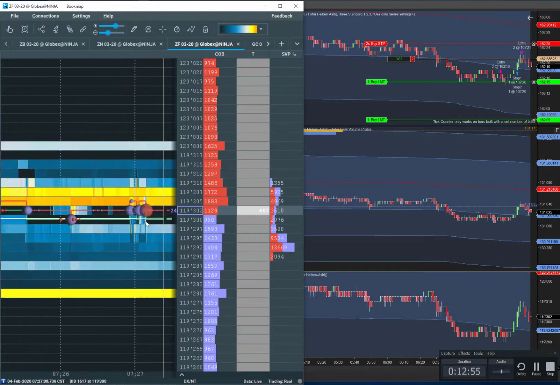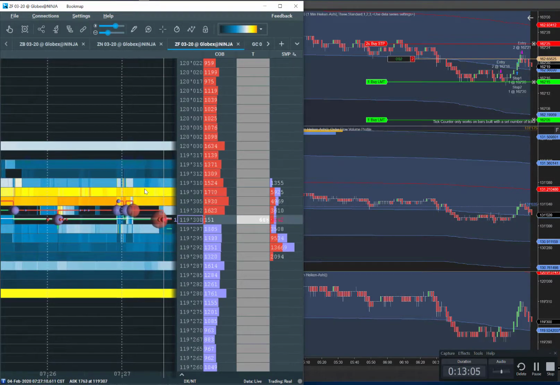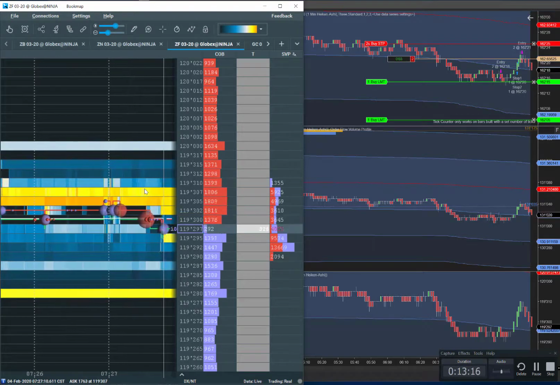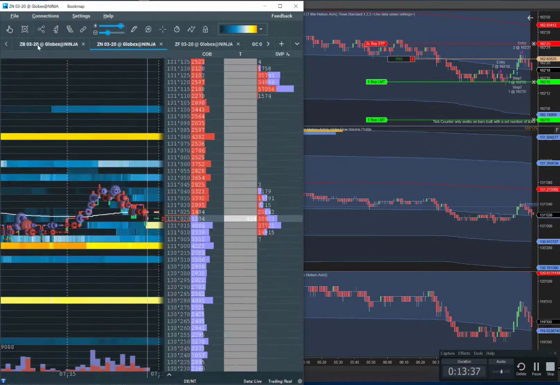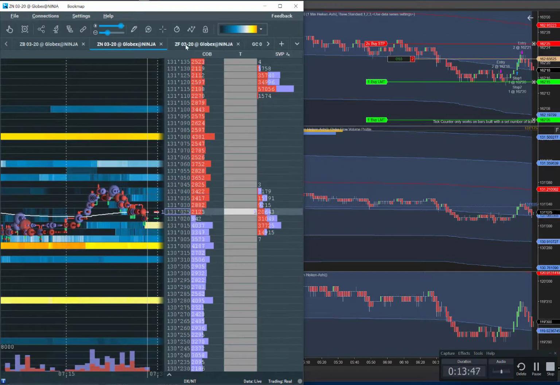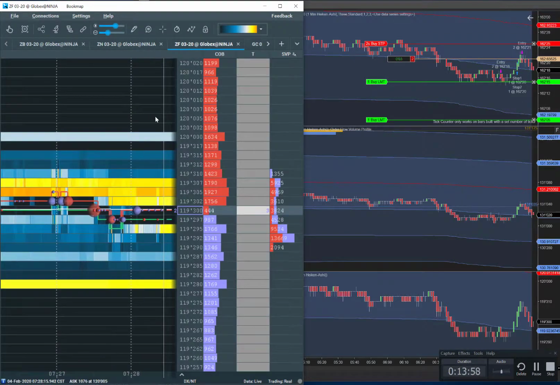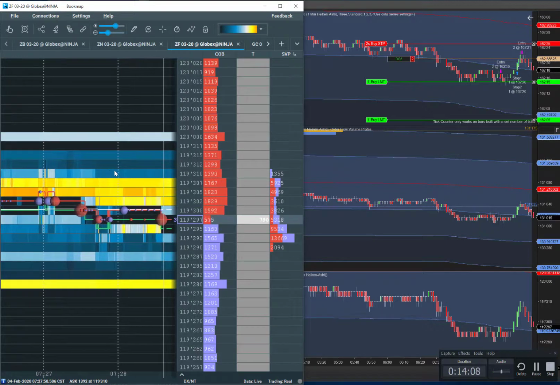See a nice order come in. Nice order come in on the ZF there. It's pushing down hard now. But on the ZN, we've still got that resistance that we need to push through.